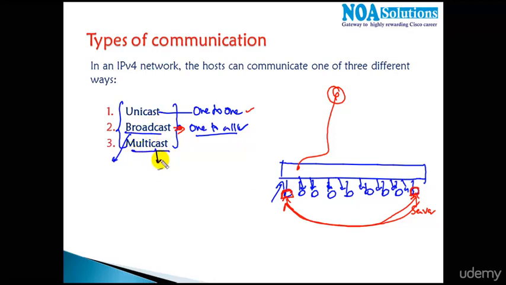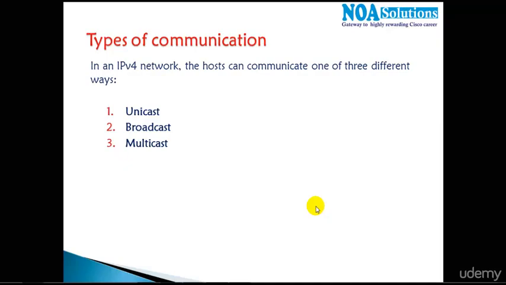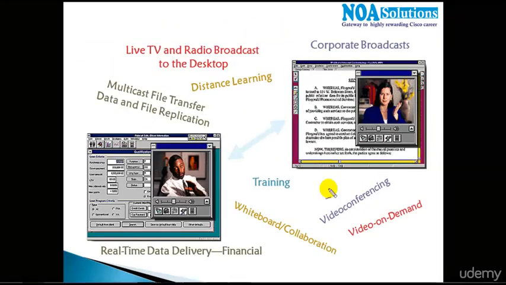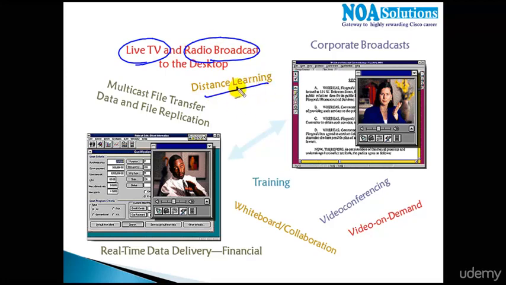And then there's one more kind of communication. We have something called multicast, one to a group, or one to many, where only a set of devices are involved in the communication. Take an example, live conferencing, live TV or radio broadcasting kind of applications, or distance learning, video conferencing applications, or any training where we are doing some WebEx sessions.